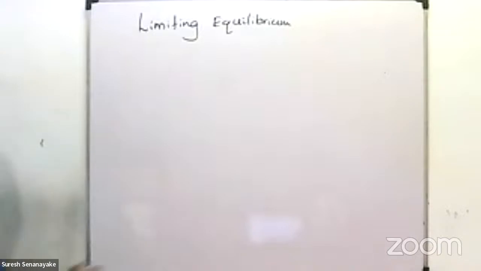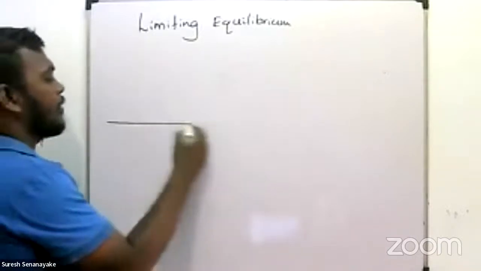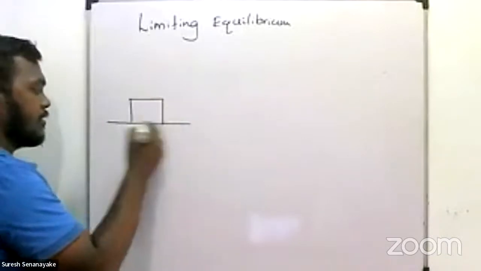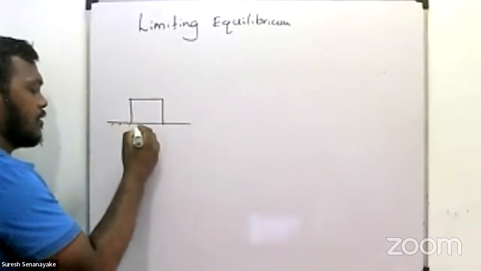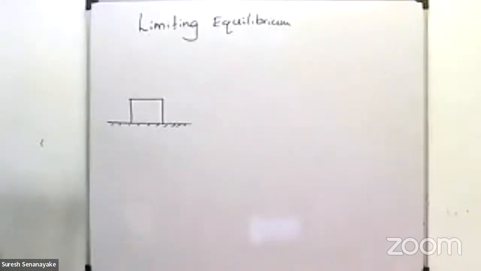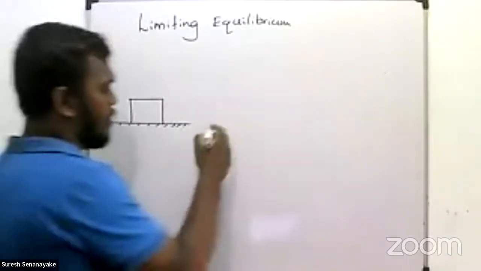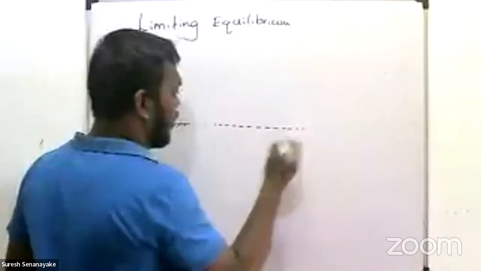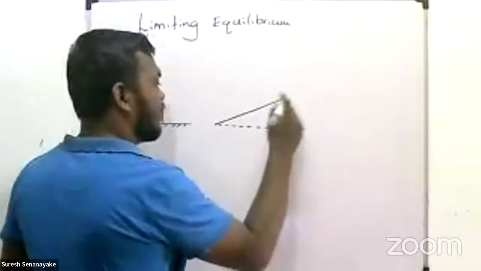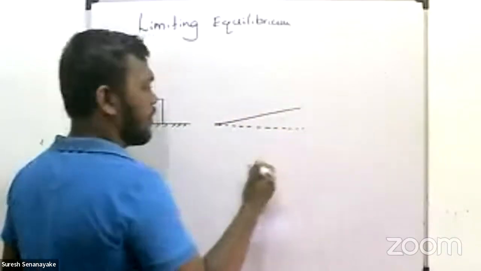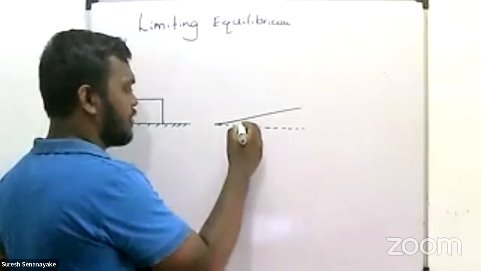Let's say there's a body placed on a table like this. This plane, I will incline it by an angle, let's say the angle alpha.